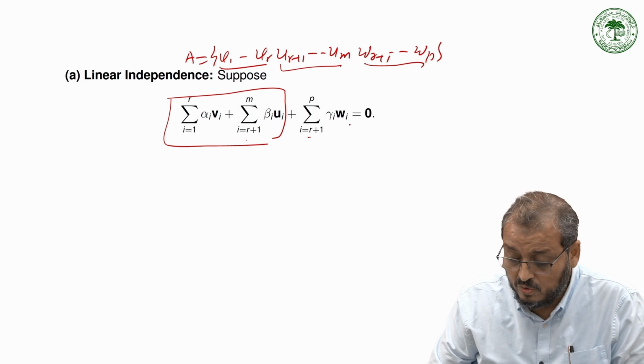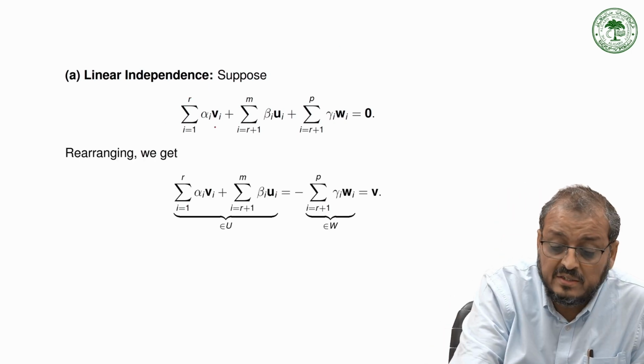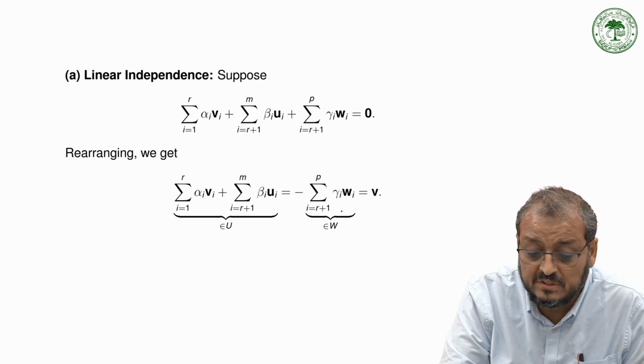So the sum is equal to minus times this thing. We can rearrange and write the sum of alpha i v_i plus the u terms equal to minus the w terms.